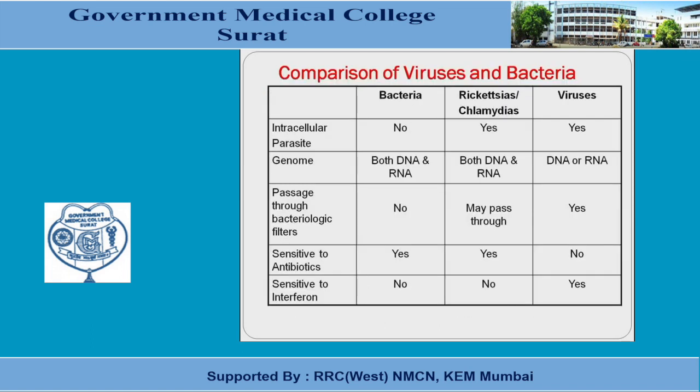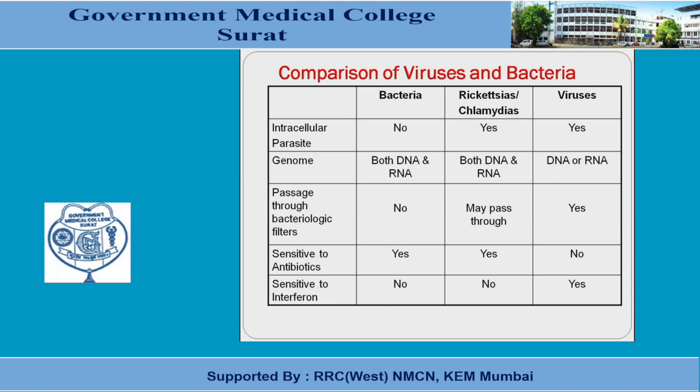So here is the difference between viruses and bacteria. First, intracellular parasite: bacteria are not intracellular parasites except Rickettsia and Chlamydia, and viruses are obligate intracellular parasites. Second is the genome. Both DNA and RNA are present in bacteria as well as Rickettsia and Chlamydia, but in a virus there is either DNA or RNA.